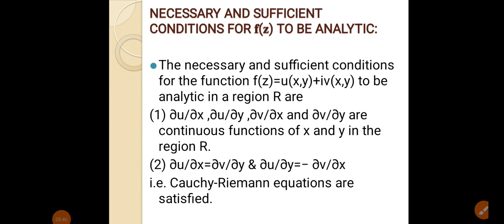First condition: del u by del x, del u by del y, del v by del x and del v by del y are continuous functions of x and y in the region R. Second: del u by del x is equal to del v by del y and del u by del y is equal to minus del v by del x, which means the CR equations are satisfied. If the CR equations are satisfied, then we can say the function is an analytic function.